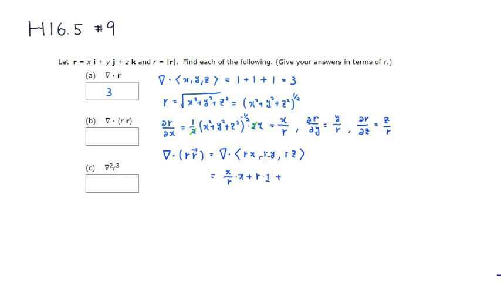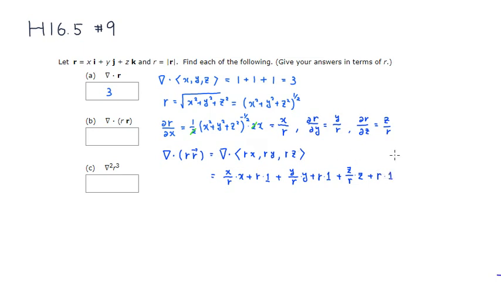The partial of ry with respect to y, using the product rule again: the partial of r with respect to y is y over r, times y, plus r times 1. Plus, in the same way, the partial of r with respect to z is z over r times z, plus r times the partial of z with respect to z, which is 1.